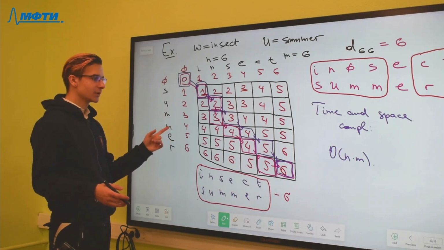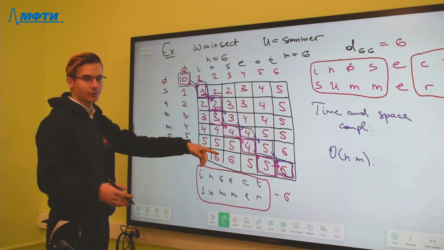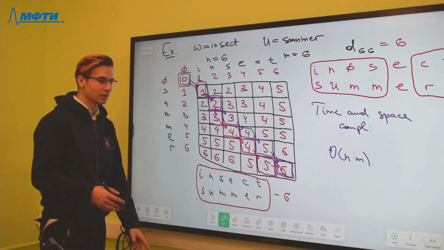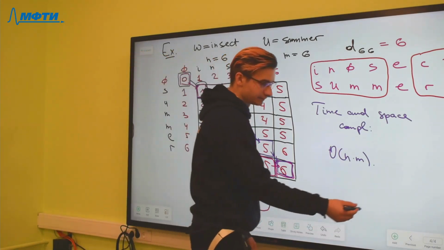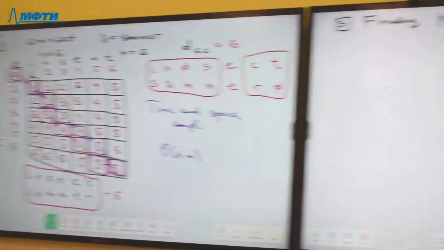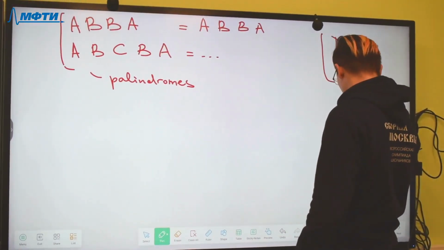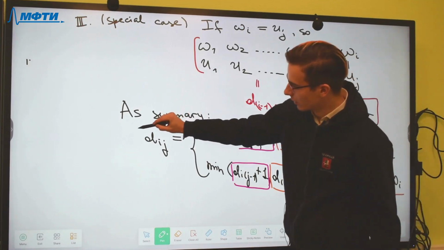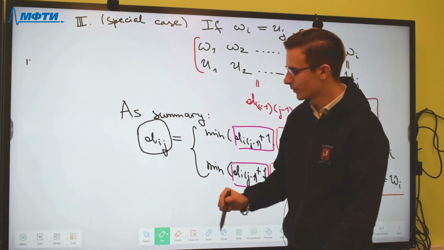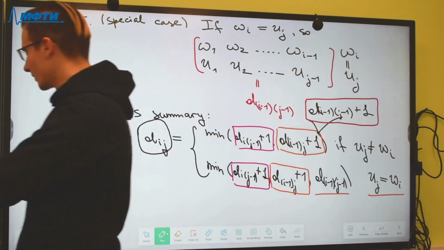But now we need to use matrices to store some information, and it is important that we talk about our recursive formula for matrix elements.